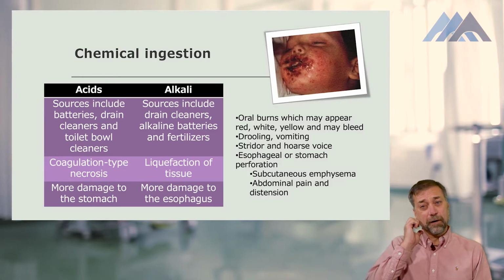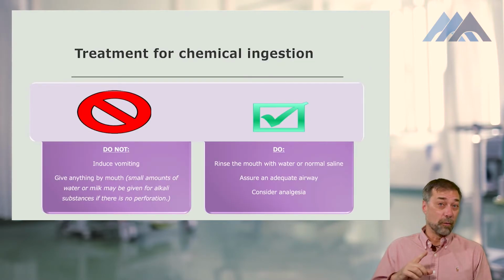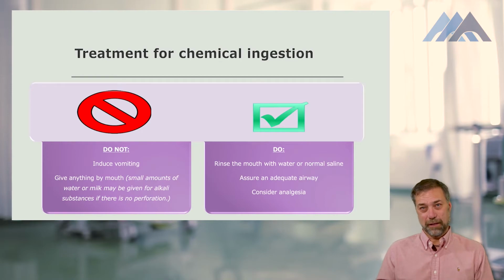Now, the treatment for chemical ingestion is more about what you don't do than what you do. Do not induce vomiting. Your stomach has a pH of around 1.5, especially just after you've eaten. Your stomach is designed for really, really low pHs.